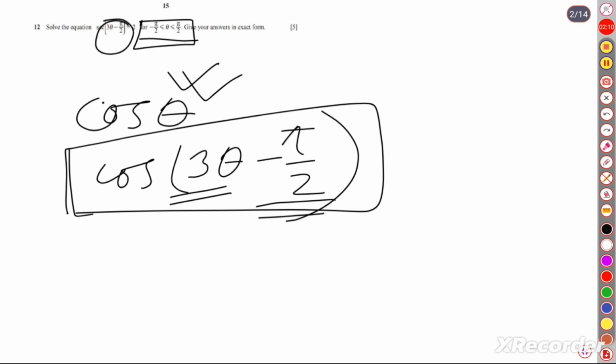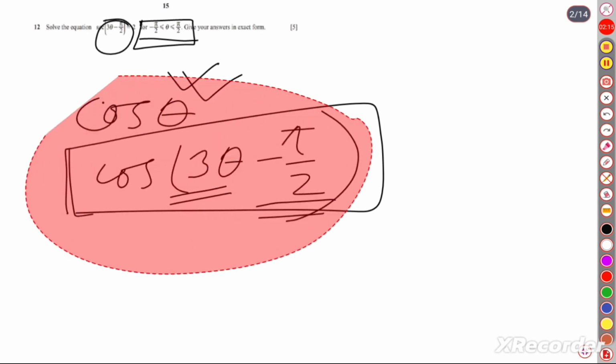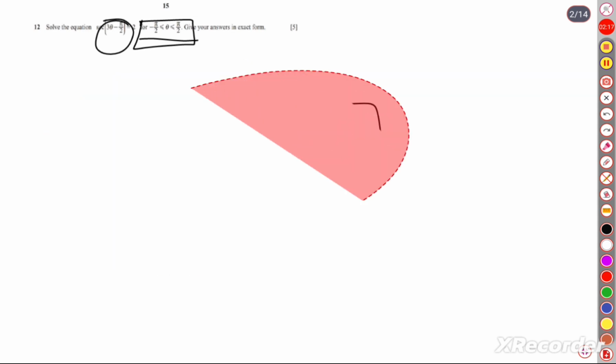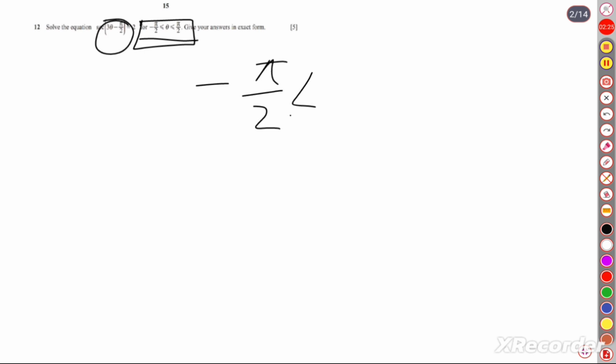The given domain says −π/2 ≤ θ ≤ π/2. Now we will convert it into the given angle.